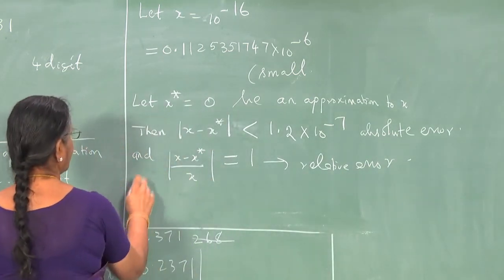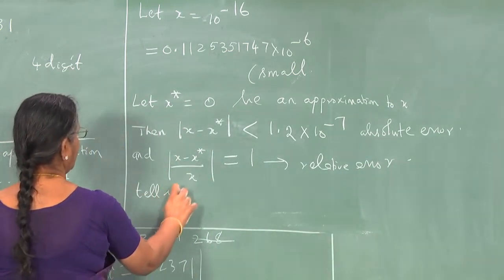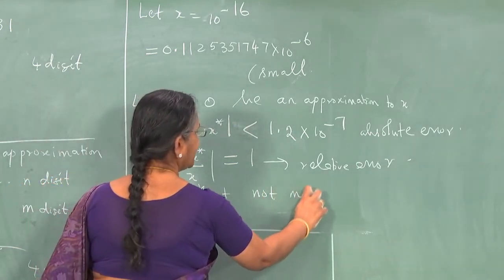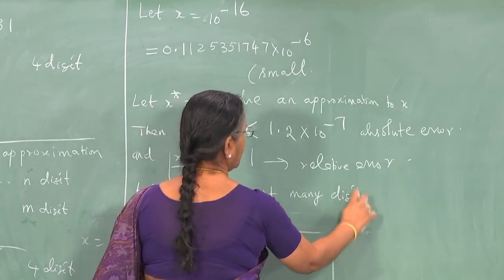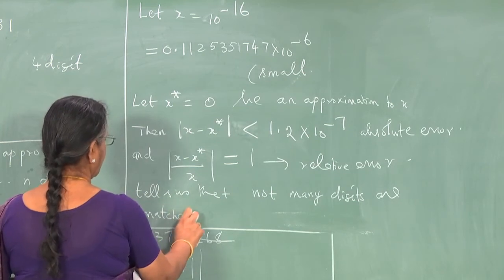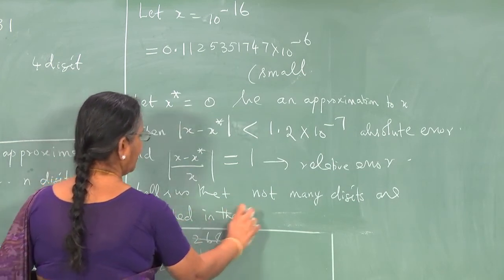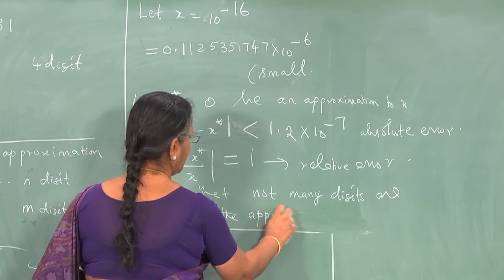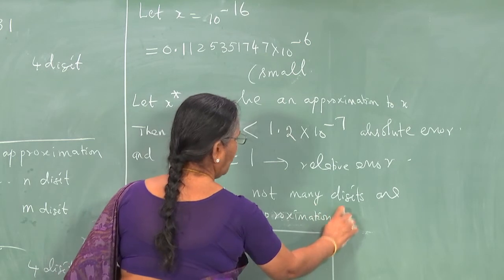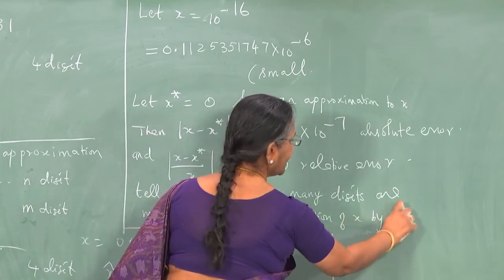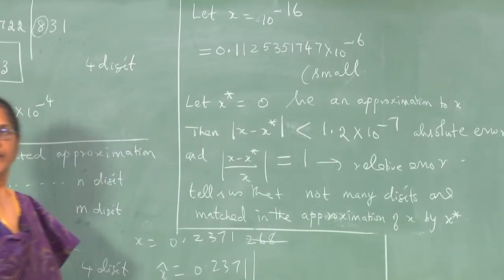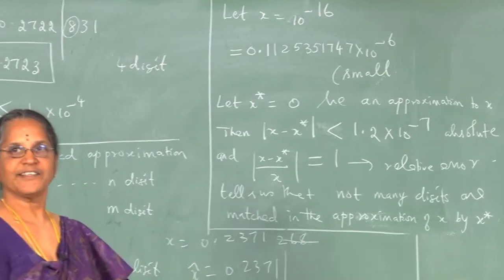What does it tell? This tells us that not many digits are matched in the approximation of x by x star, because the relative error is 1. You have made 100% error.